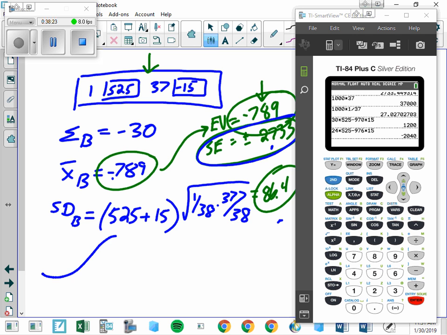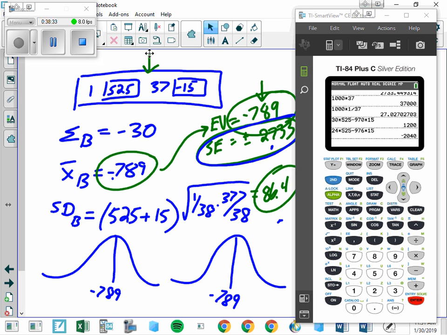So here are the two graphs. Both of them will have negative 789 right here. But if we bet on red, then my SD is going to be pretty small. I don't know what it's going to be.